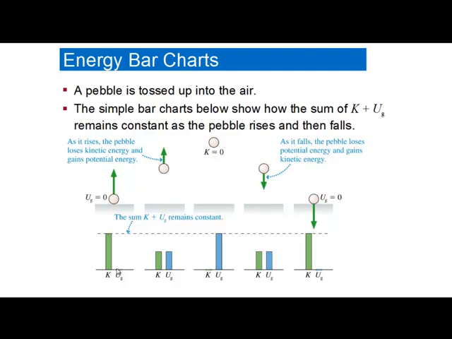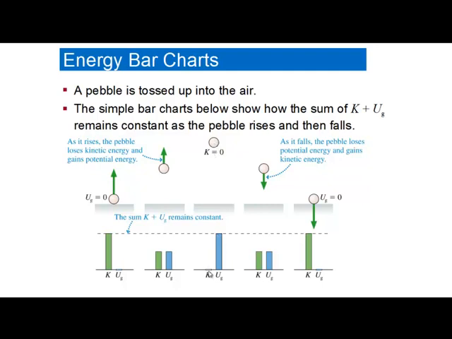The gravitational potential energy is 0. As the pebble goes up into the air, the kinetic energy will decrease while the gravitational potential energy in blue here is increasing. This particular diagram shows it at the point where both energies are equal. Then eventually, when the pebble reaches a maximum height, its kinetic energy will become equal to 0 because its velocity will be equal to 0.